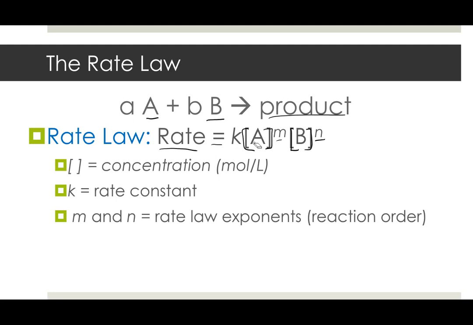So when we crunch the data here, we're going to have to determine the order of A. Then we're going to have to determine the order of B. So it may be a second order and a first order. It may be a first order and a zero order. It may be a zero order and a zero order. So we've got to determine that experimentally. So we're going to have to determine the order of each of the reactants and then put that number into the formula here. Okay.